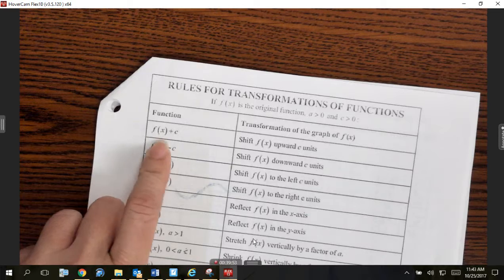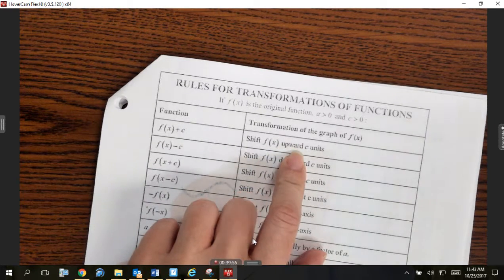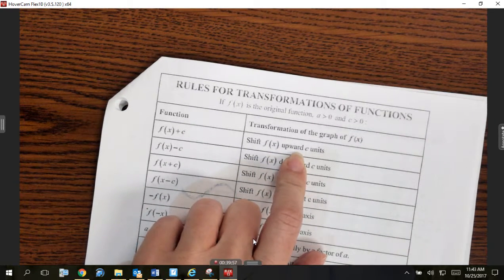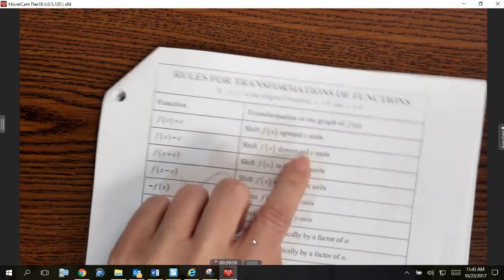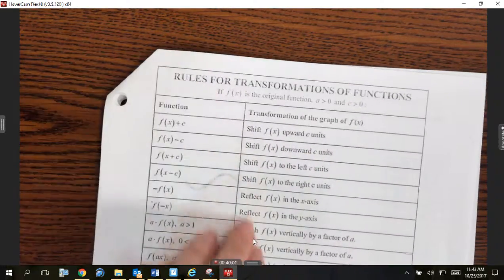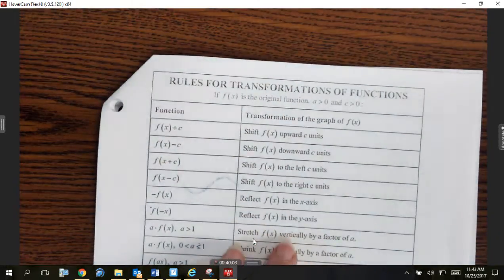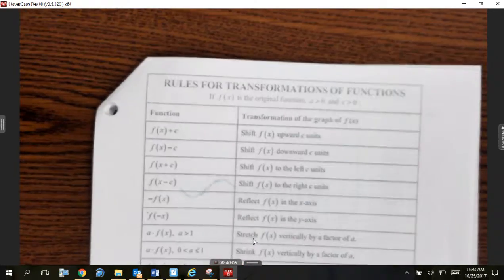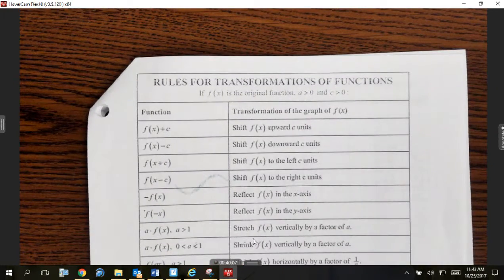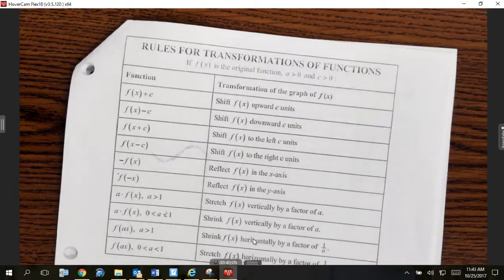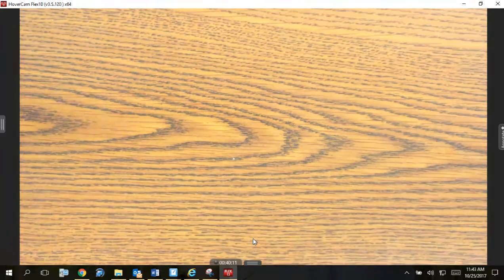So if it's on the outside of a function, then it shifts up C units. If it's a subtraction on the outside, it shifts down. This is something you can look at if you've forgotten things, but I'm going to talk you through it like it's something we haven't done for a few weeks, because it is something we haven't done for a few weeks.